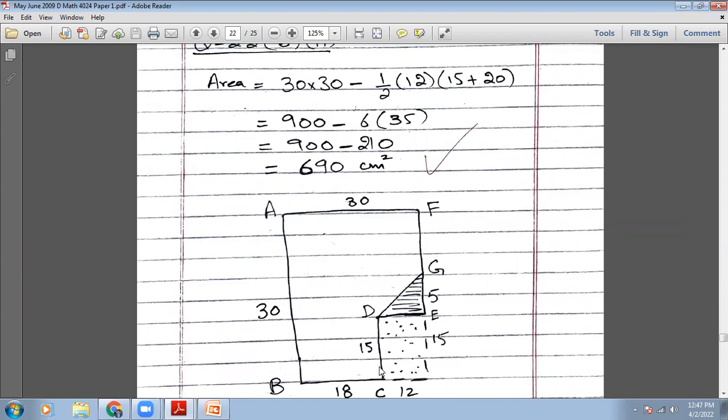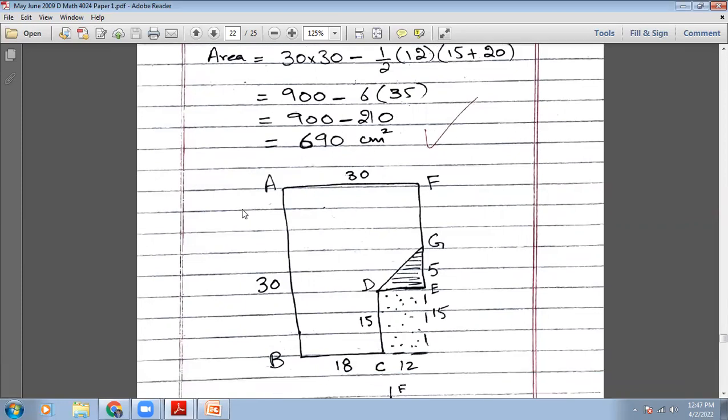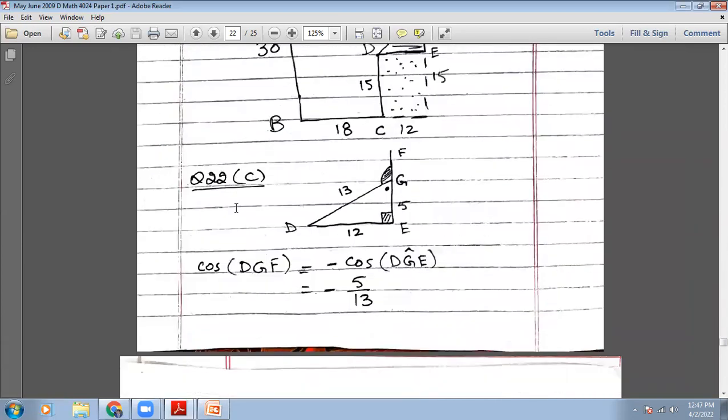Cut this trapezium. This is 15, and this is 20, this height is 12. So 30 by 30 will be 900 minus 1 by 2 into 12 into 15 plus 20. The area of the trapezium is 1 by 2 into height into sum of parallel sides. So it will be 900 minus 210, and that will be 690 centimeters square. Hopefully you understand this part.